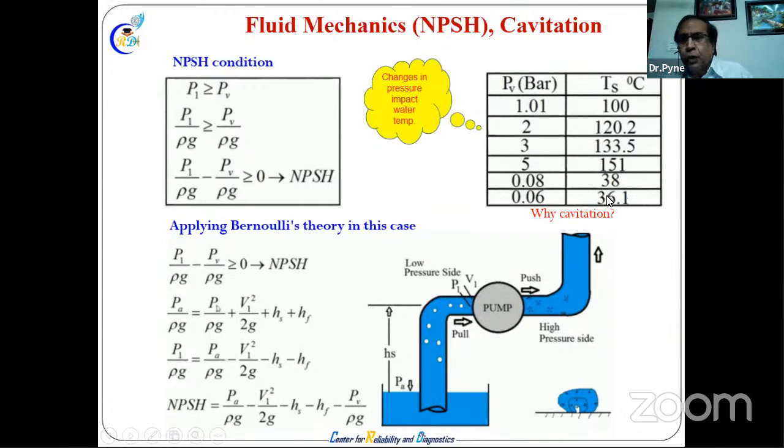Okay, you can touch it, but at 36 degrees you cannot go around Mumbai, it is so hot. So if a change in pressure impacts water temperature, that is cavitation creation, and this cavitation creation is here and nearby. So we have to take care that the inlet pressure is always higher than your vapor pressure. So vapor pressure should not go down like this. That's what the formula tells about it.